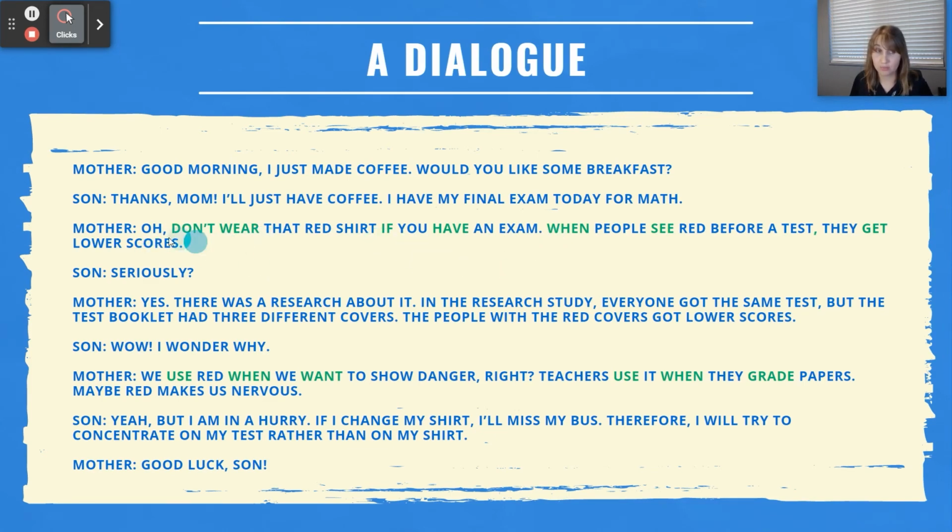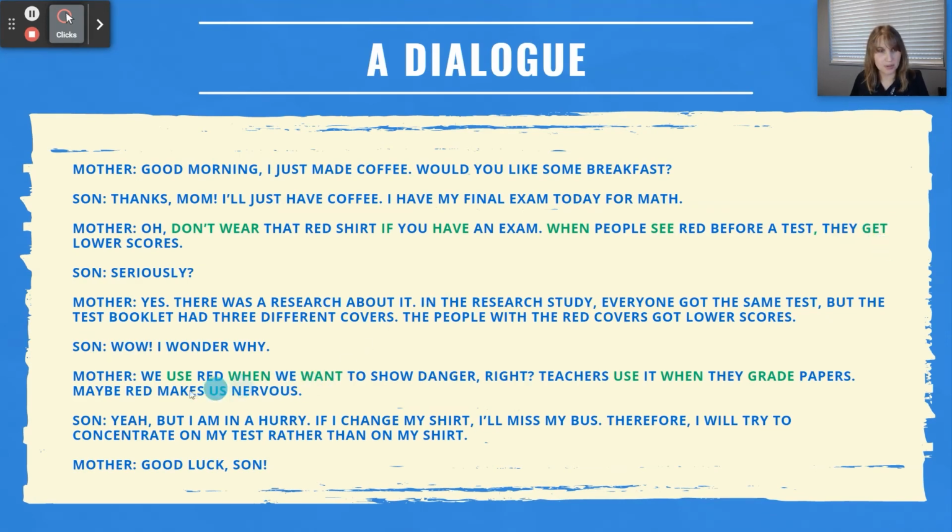Don't wear, present simple, if you have an exam. If and have. And again, she says, when people see red before a test, they get lower scores. She starts with the condition. When, see, conjunction in present simple, comma, they get, present simple.